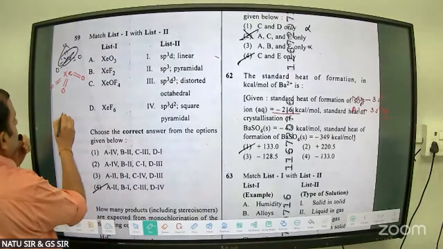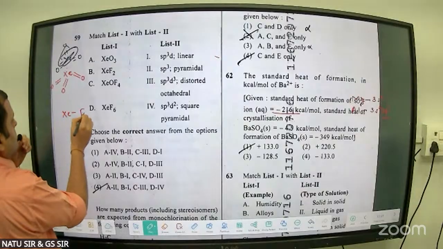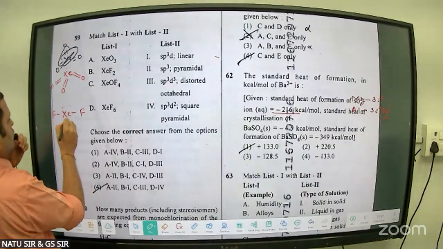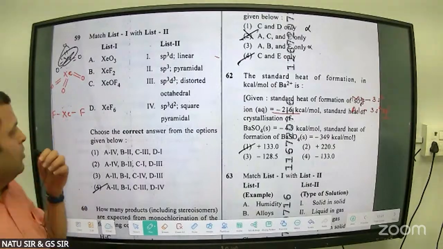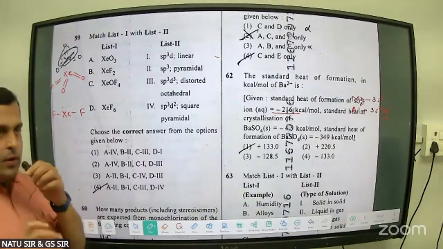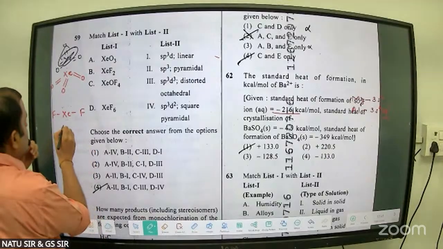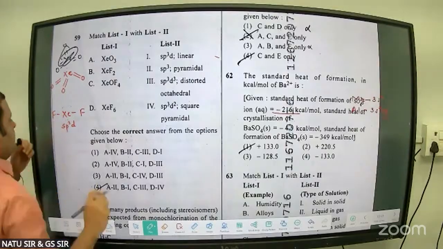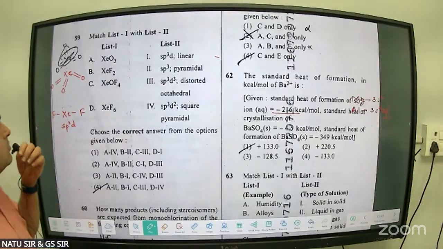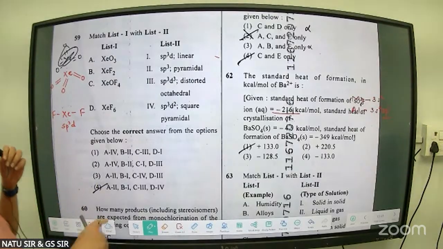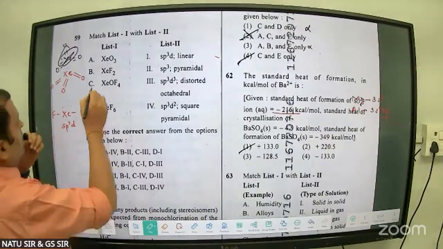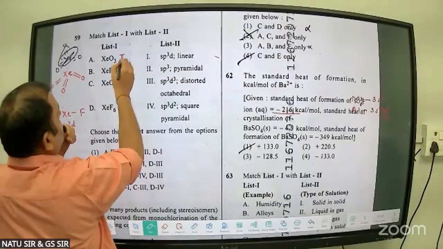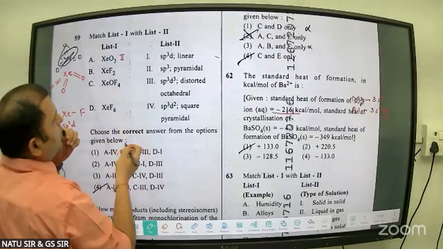Then H2O, it is having 2 sigma bonds and the remaining lone pairs. Out of 8 electrons, only 2 electrons are shared, so lone pairs are there. And that is why its hybridization will be sp3, and geometry will be bent, right? So for H3O plus it will be pyramidal. For H2O it will be what?